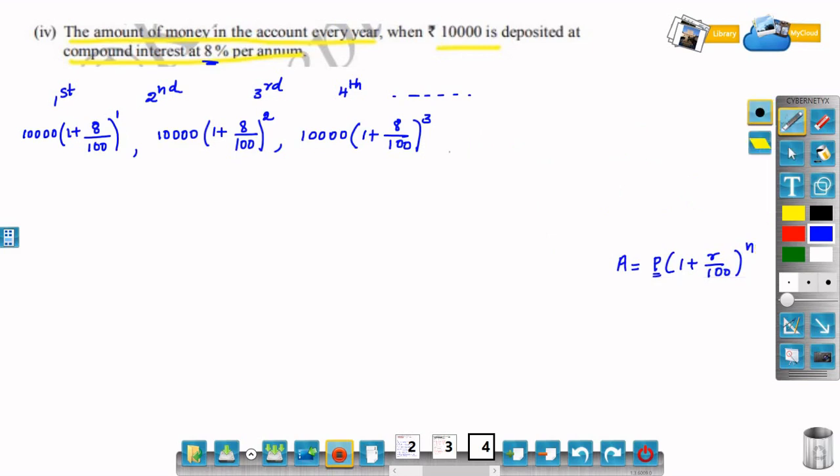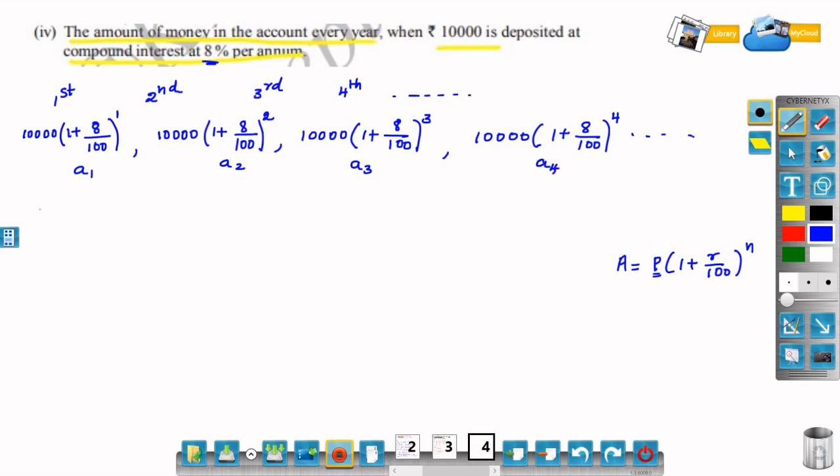For the fourth year, P is 10,000 into 1 plus 8 by 100, number of years 4, and it goes on. This is the list of numbers. Take it as A1, A2, A3 and A4.